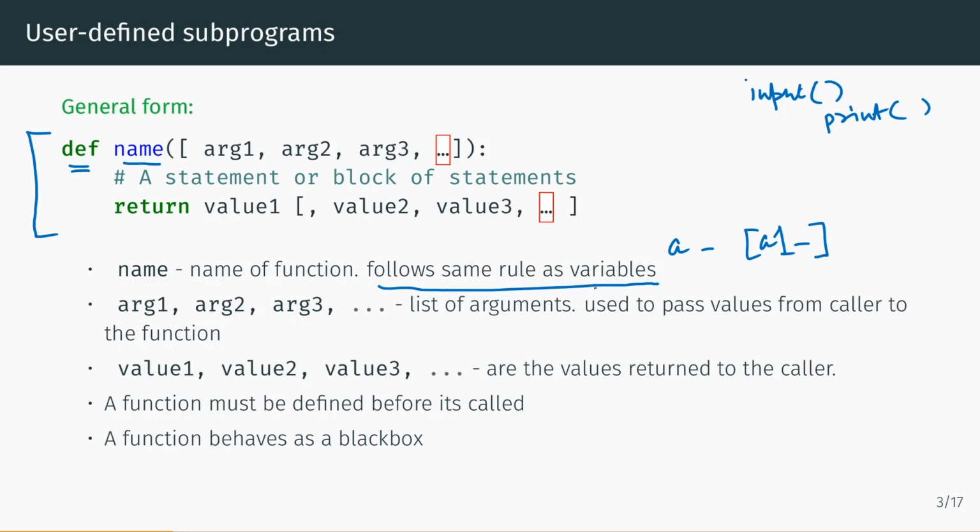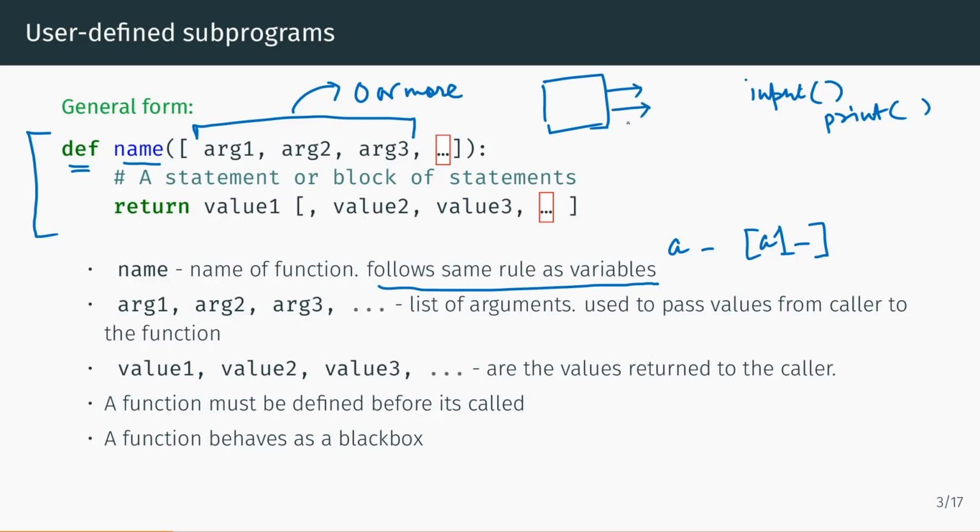Now, the function can also have a list of arguments, and this can be 0 or more. A function can take no arguments, one argument, two arguments, any number of arguments. Think of the black box example that we had. You can have a function which does not take any argument but returns something.